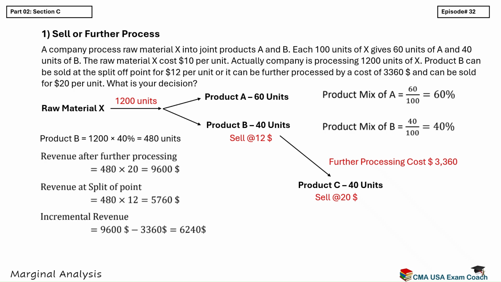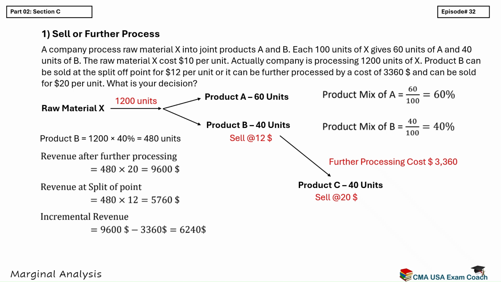If we sell the 480 units directly, revenue equals 480 times 12 equals $5,760. Option 2. Further process and sell at higher price. After processing, 480 units will sell for $20 each. Revenue equals 480 times 20 equals $9,600.